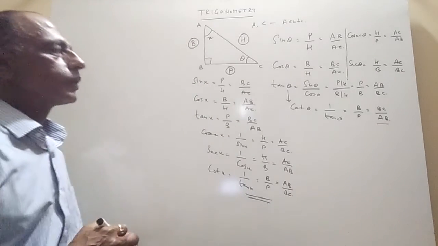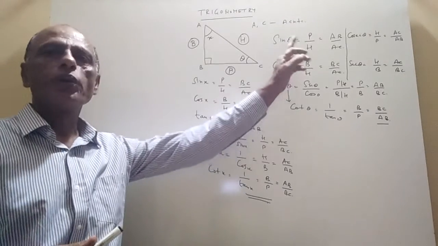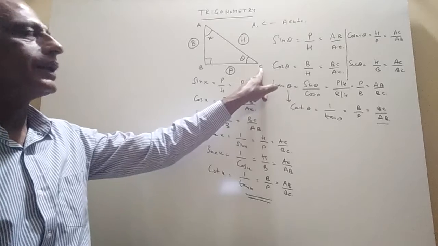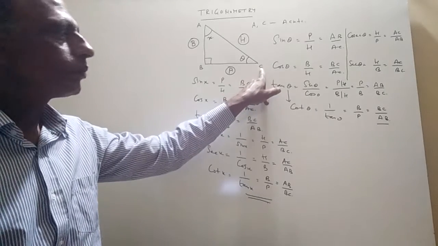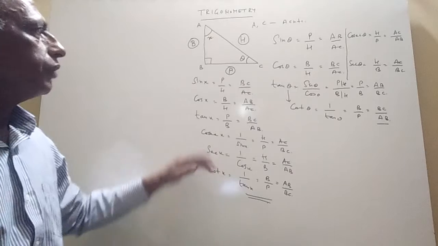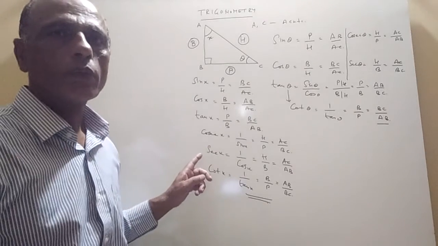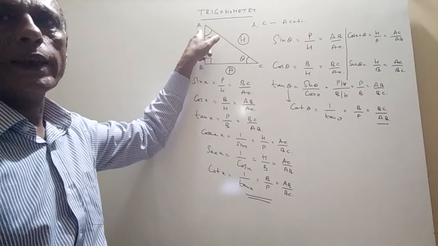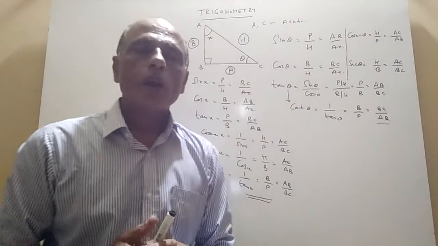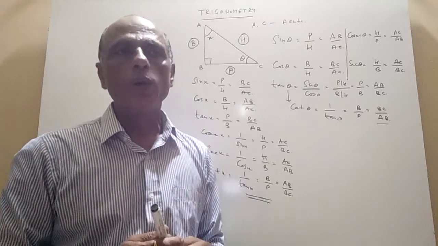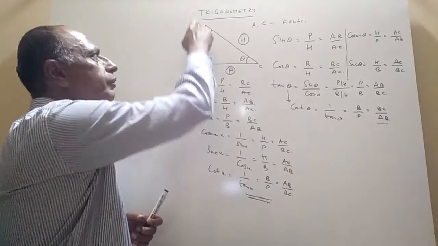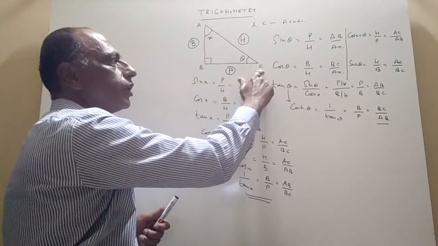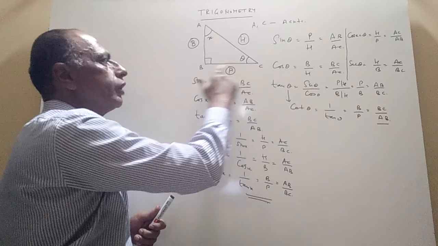So we have written 6 T ratios on this side when we took angle C as an acute angle in reference, and on this side we have written 6 T ratios when we have taken angle X at vertex A as a reference angle. So this trigonometry plays a vital role in calculating the height of this building AB, or in calculating the distance of the observer from the bottom of the building.